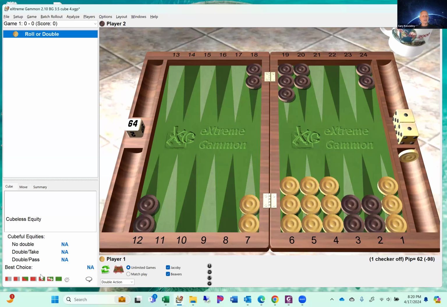That's the plan, and there's a pretty reasonable chance of that happening. Generally, these games are like 60-40, 65-35 in favor of whoever's doing the attacking here. And so the back game has a fairly high win percentage. The problem is it gives up gammons, and that's the problem.